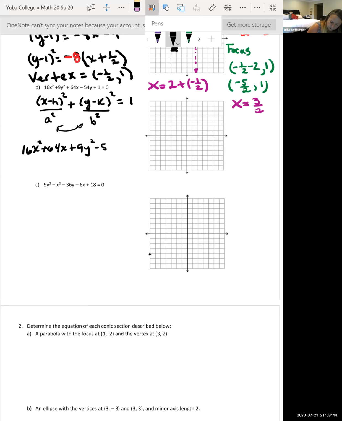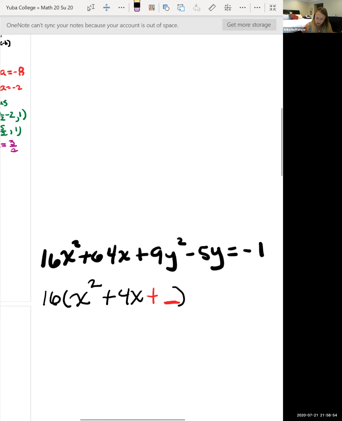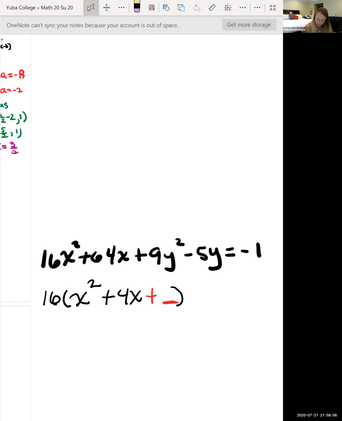This is 54y equals 1. So here, this is 54y. That makes it a little easier when you're pulling out the 9.